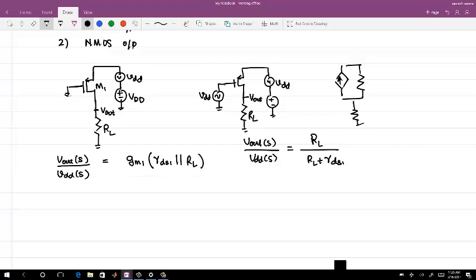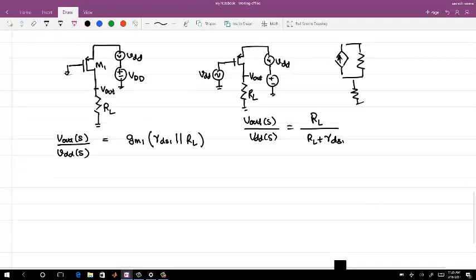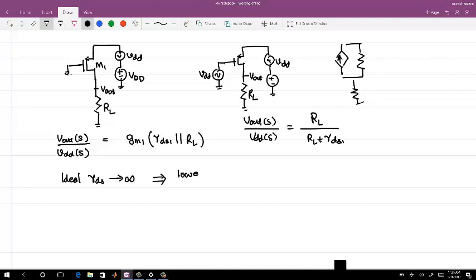Why is RDS important? Ideally, you want RDS to be infinite, tending to infinity, but you cannot have that, because then you need a larger overdrive, which for a given supply will lead to a lower Vout.